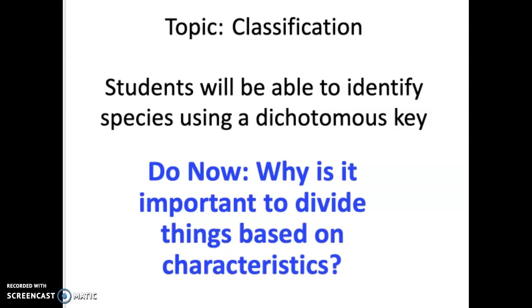Alright, so some ideas that you may have come up with include making it easier to find out a species name, for example. Previously, during the first lesson in this chapter, I had mentioned thinking of classification like a grocery store in the Pear Deck slides, because classification in a grocery store makes finding items much easier.